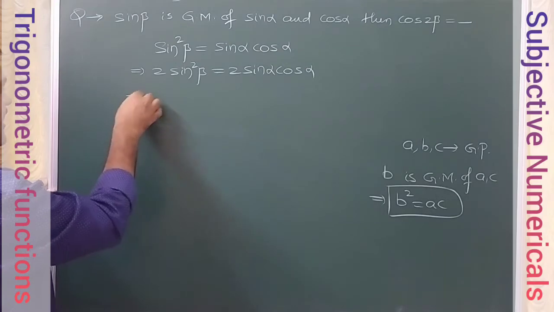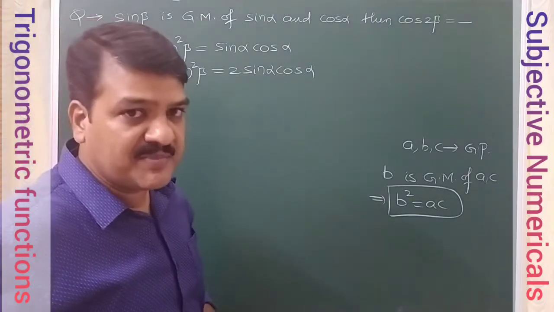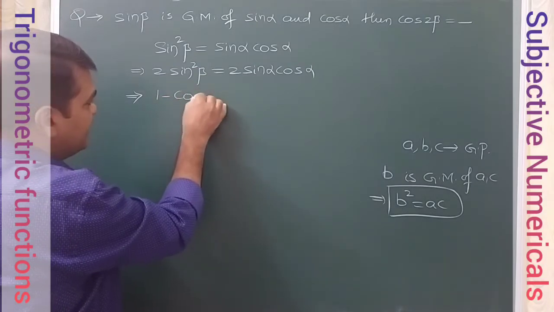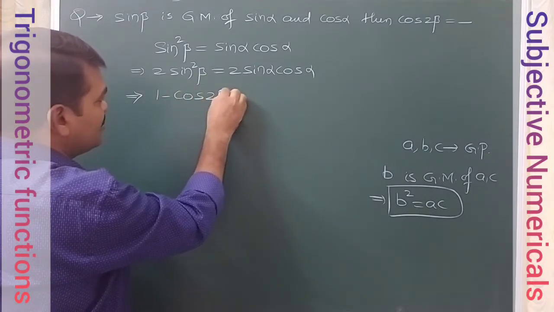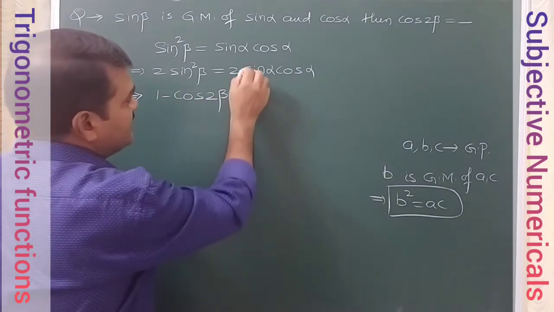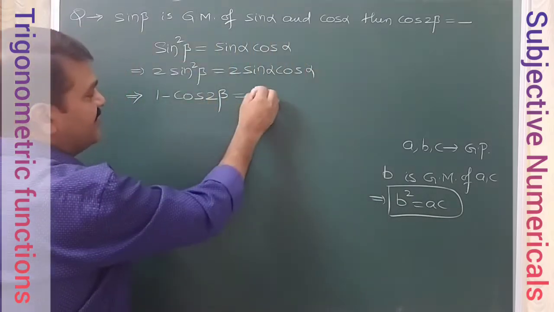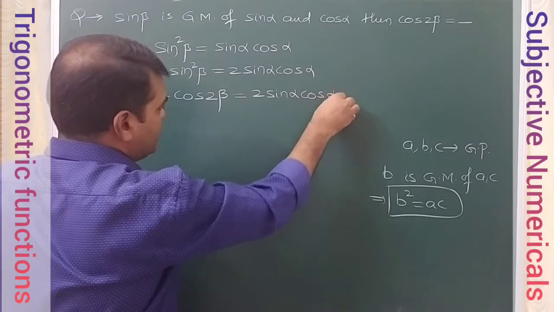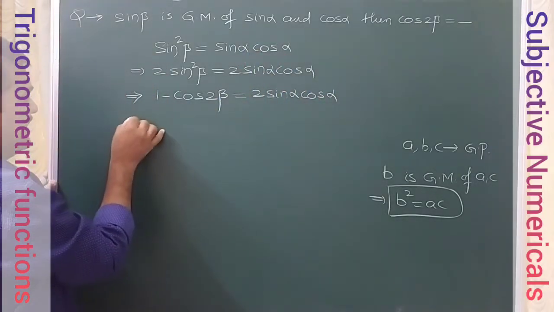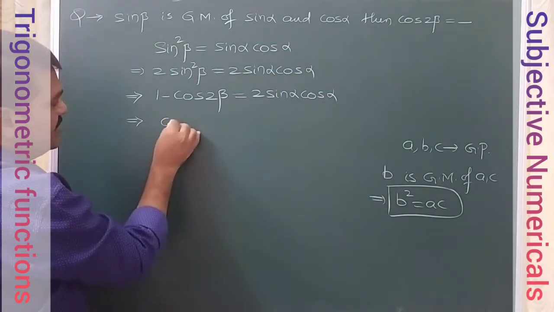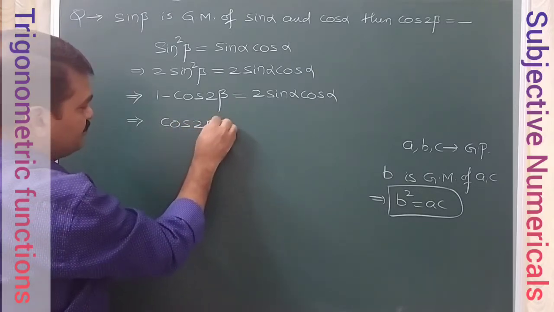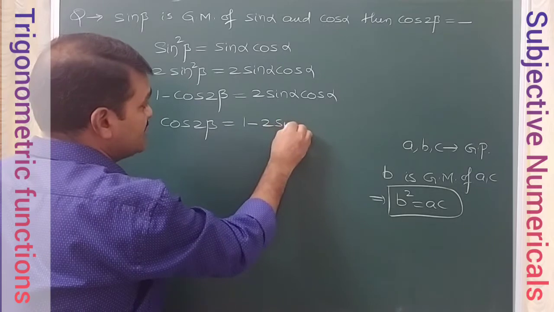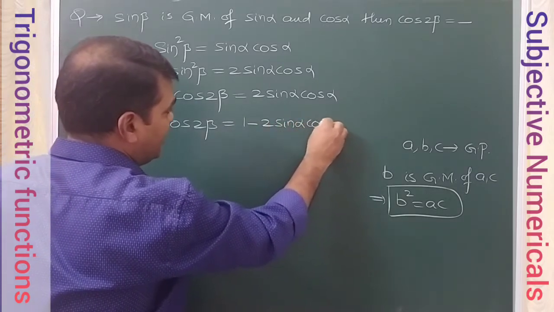Now what is 2 sin square beta? Multiple submultiple formula. 2 sin square beta is 1 minus cos 2 beta. 2 sin alpha cos alpha I am writing as it is at present, because I want to use it in a different manner. So what is cos 2 beta now? Cos 2 beta is 1 minus 2 sin alpha cos alpha.